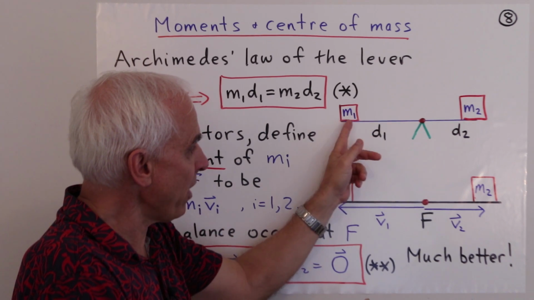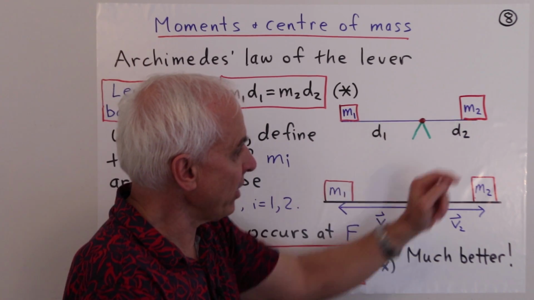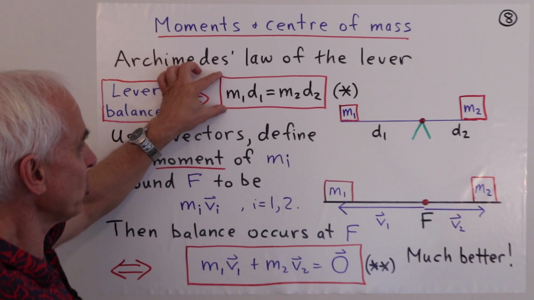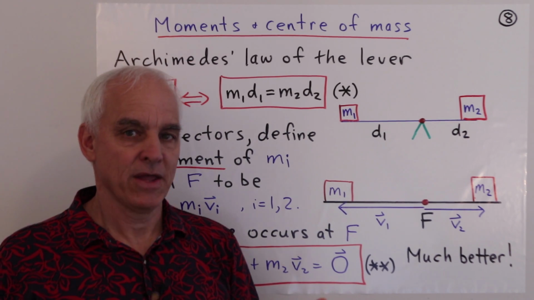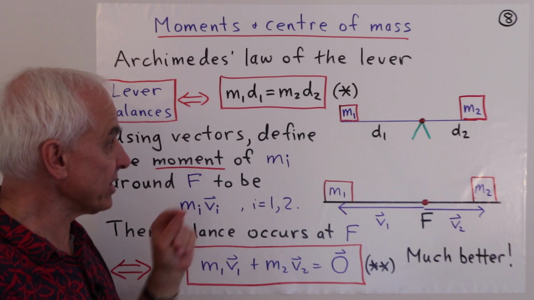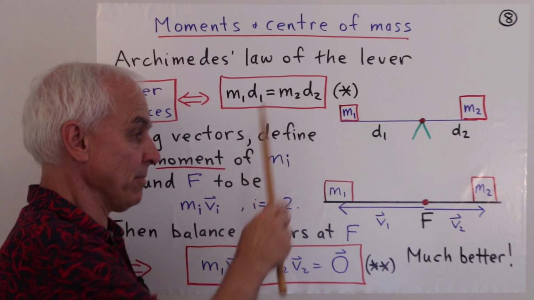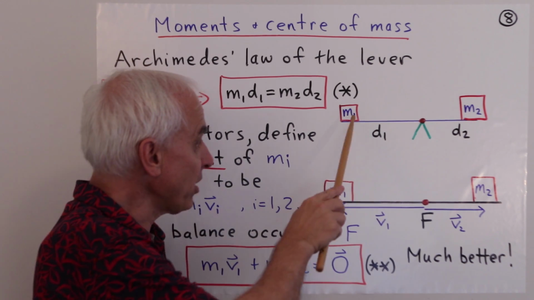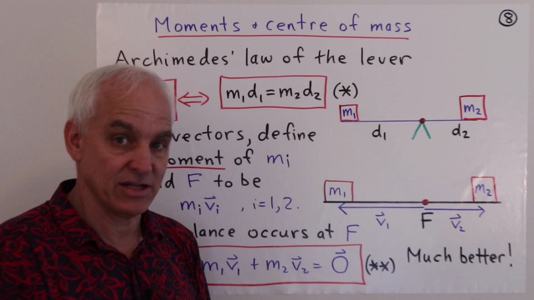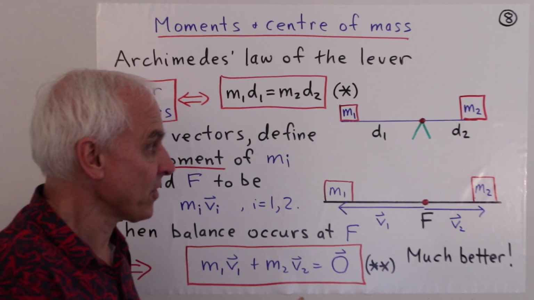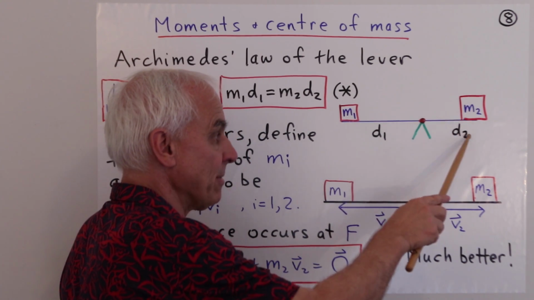Okay, so that's D1 there, that's D2 there, and this is his crucial relation, that the lever will balance precisely when M1 times D1 equals M2 times D2. When the product of this mass times that distance equals the product of this mass times this distance.